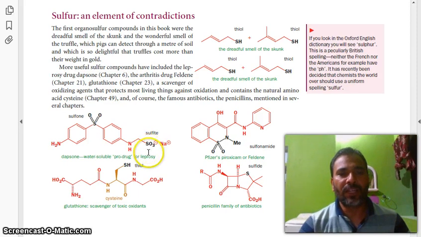Again you see the sulfonamide, sulfur double bond O, sulfur double bond O, sulfone groups, now attached with the nitrogen. Here you see a very good compound, glutathione, a scavenger of toxic oxidants. A thiol group is present. Sulfur is present in most important antibiotics, the penicillin family. So these compounds contain sulfur.